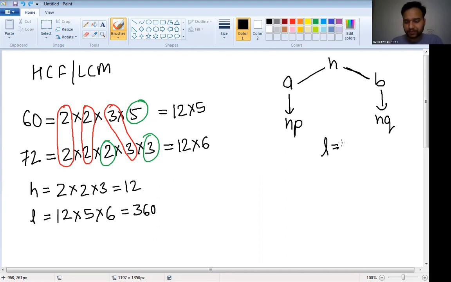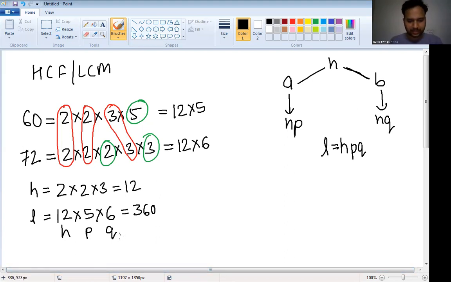Let me tell you, if you have guessed it, then it's very good. If you have not, I'll let you know. So LCM would be the common part once, and the uncommon part once. So here I'll write P into Q. If we compare it with the left hand side, P would be 5 and Q would be 6.